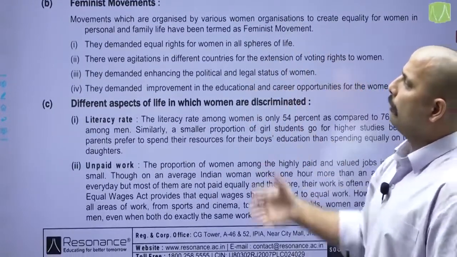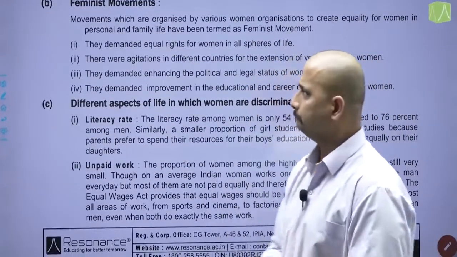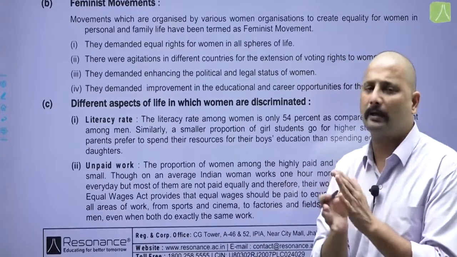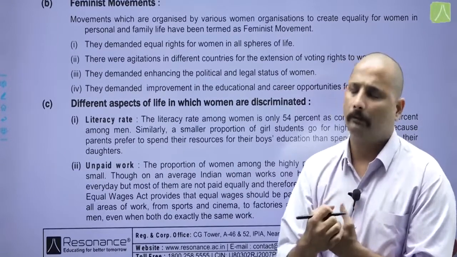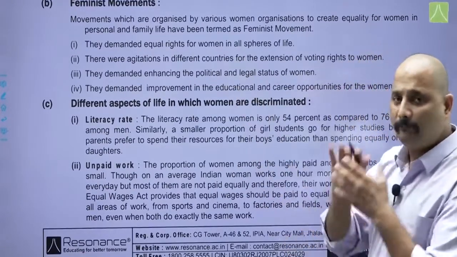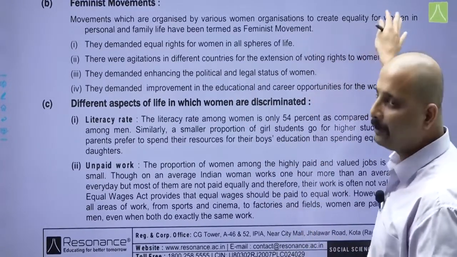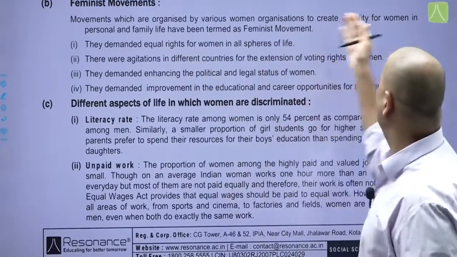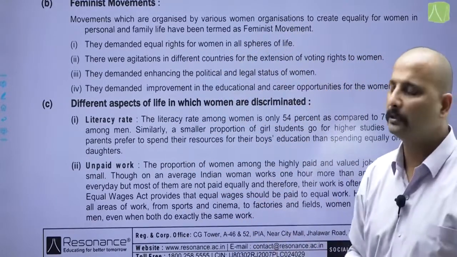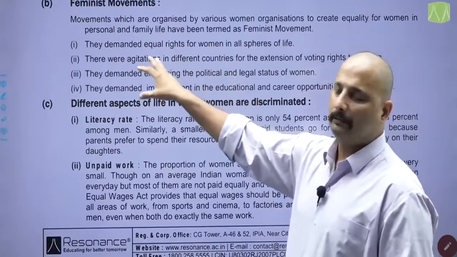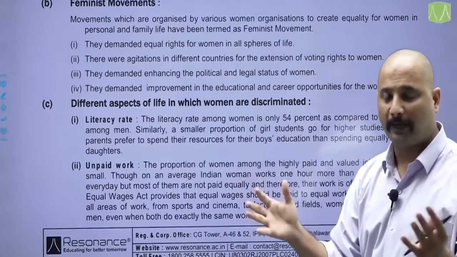Next we move on to feminist movements. Feminist movements are aimed at ensuring the rights of women. Movements organized by various women's organizations to create equality for women in personal and family life have been termed feminist movements. They demanded equal rights for women in all spheres of life.